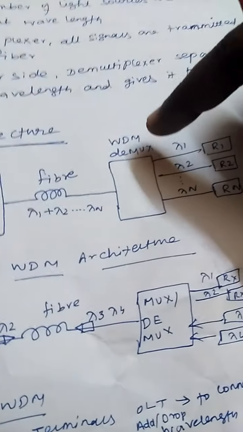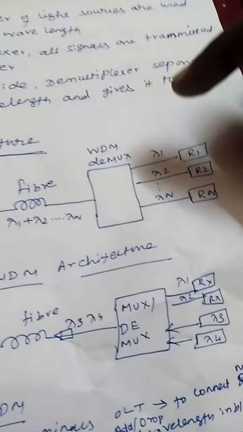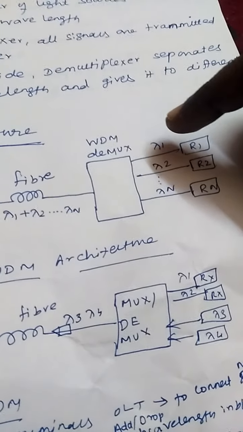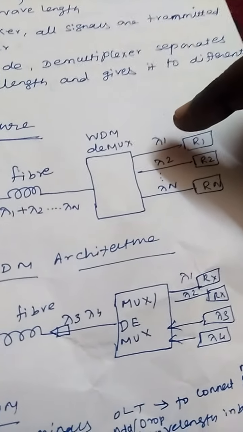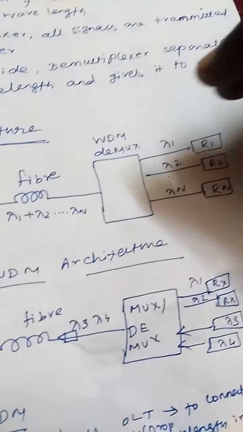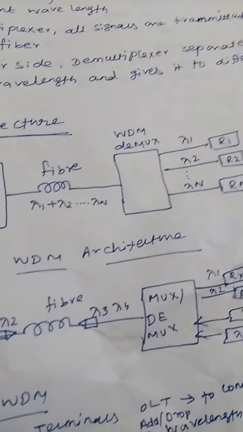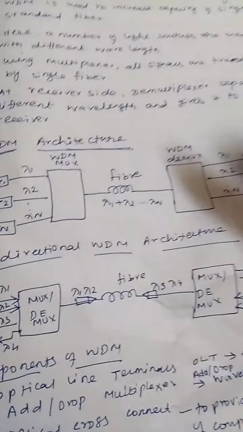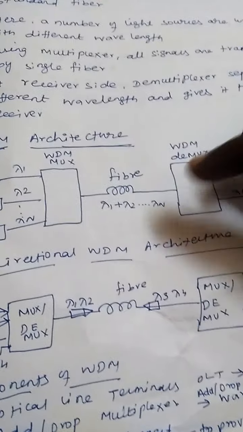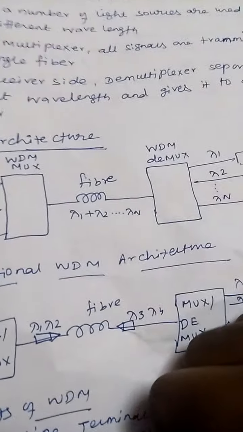In the receiver section we again use a WDM demultiplexer for wavelengths lambda 1, lambda 2, lambda n. The signals are received at the R1, R2, Rn receiver terminals. So using this single fiber cable we can increase the capacity of optical fiber communications.